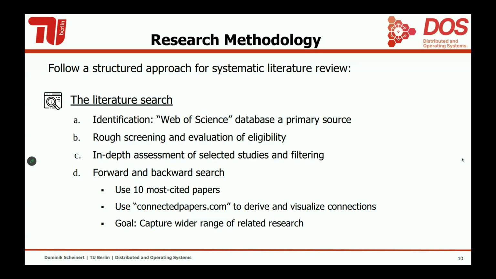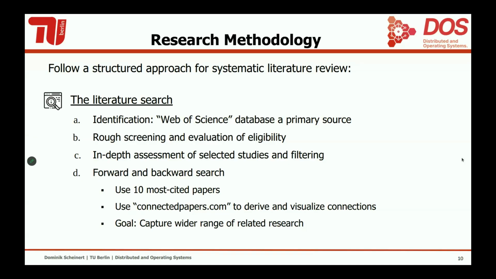And then we used a tool, some of you might know it, it's called connectedpapers.com, where you can derive and visualize connections. So what kind of papers have been cited by this particular paper, but also what kind of papers have cited this particular paper.